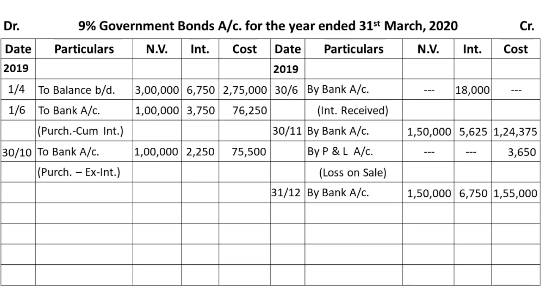On this transaction we have earned the profit, and this profit we need to transfer to profit and loss account. So here we'll record the profit on the debit side of investment account. So on the debit side, on 31st December it should be transferred to profit and loss account. Therefore, to profit and loss account 26,975 rupees should be written in the cost column.